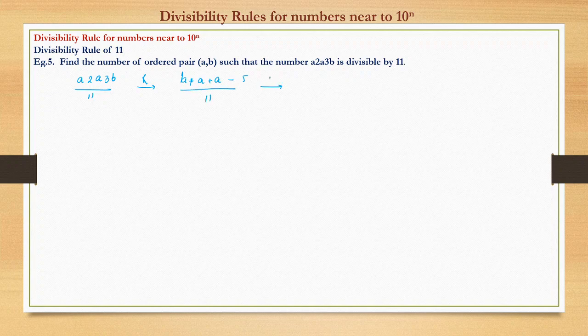So this should be 0 or 11k, right? So 2a plus b minus 5 is equal to nothing but 11k.